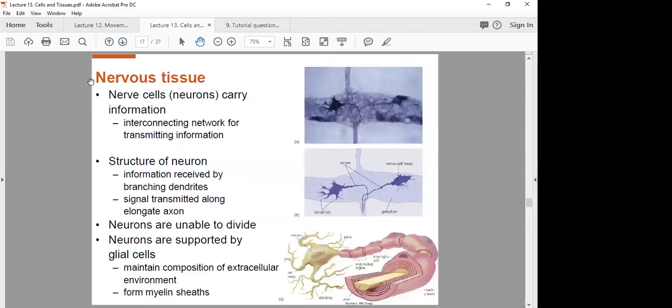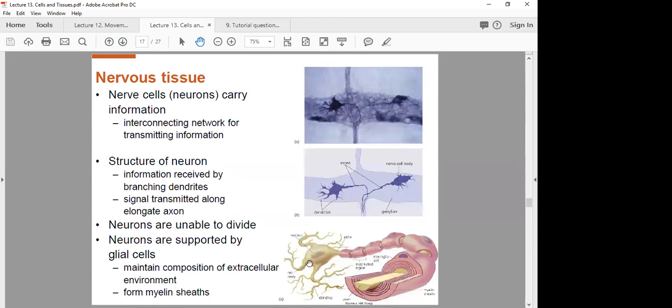And our last major tissue type in animals is nervous tissue. Nervous tissue consists of nerve cells, which we call neurons, and of course these carry information throughout the body of the animal. Let's look at the structure of a neuron. Here's one neuron shown down here.